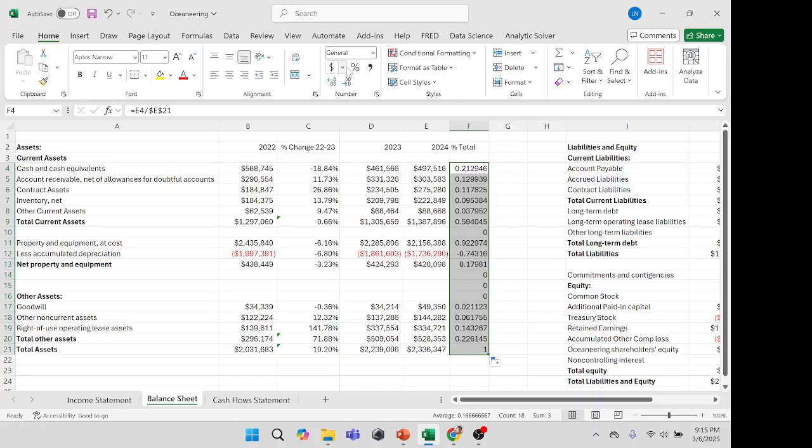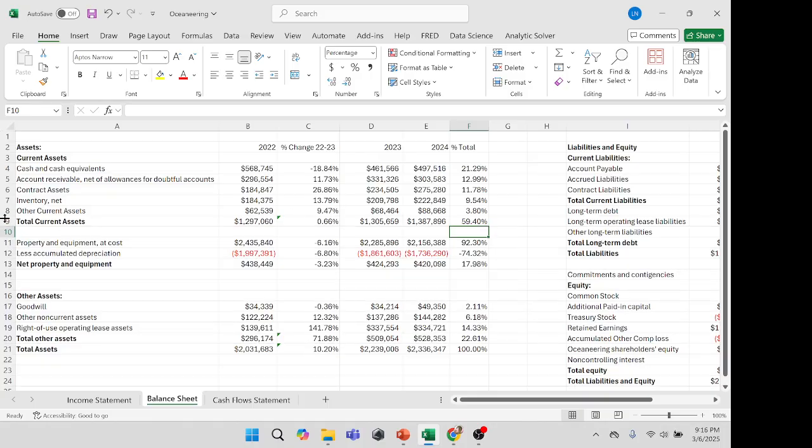Okay, so you see, like I said, when you do percentage total, it gives you the structure. So you see the total current asset is around 60%.